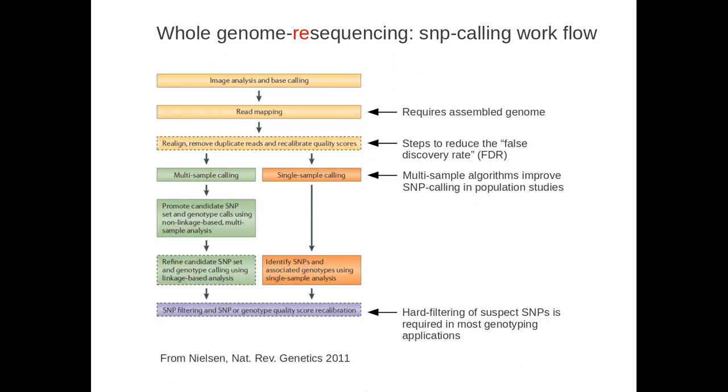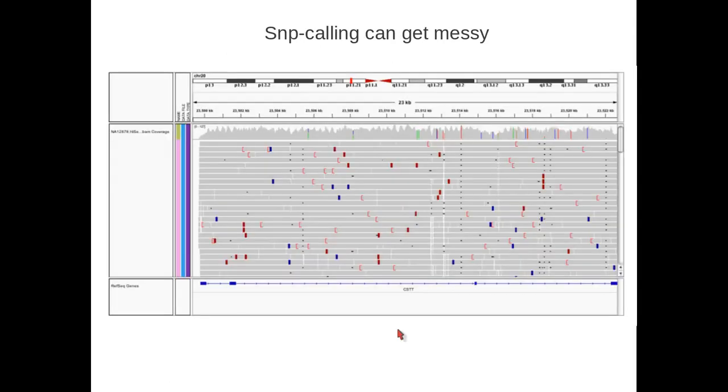And then finally, we almost always have to filter the SNPs once we've run this protocol, because there are still a large number of false positives.